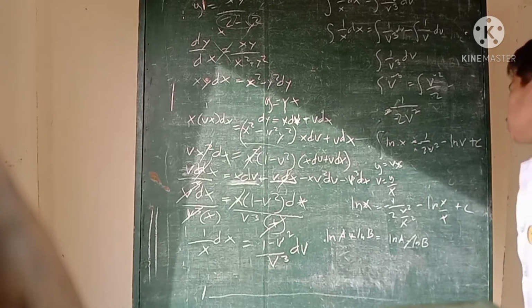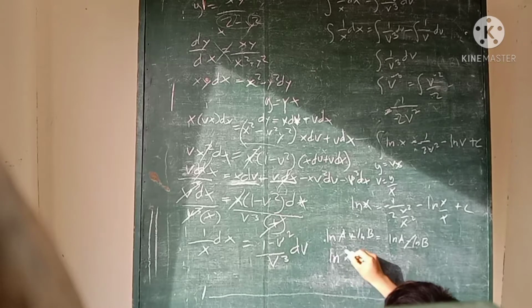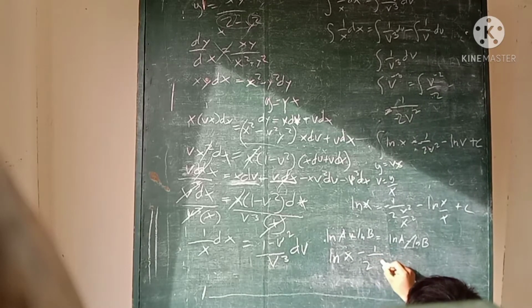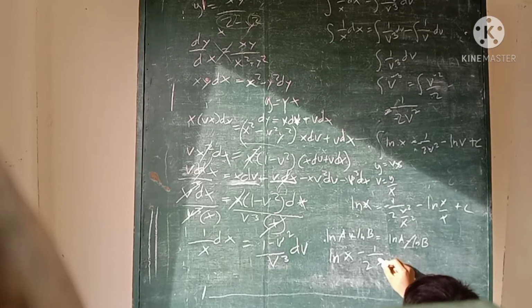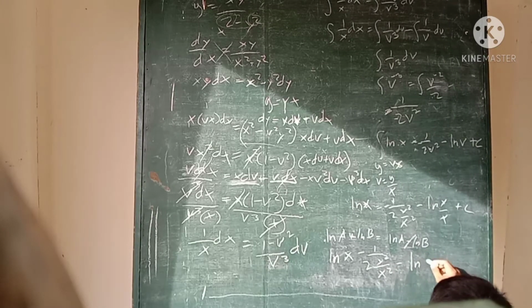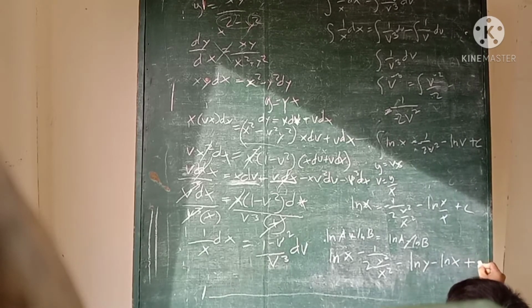Okay, so the answer is ln x equals negative 1 over 2 times y squared over x squared minus ln y minus ln x plus c.